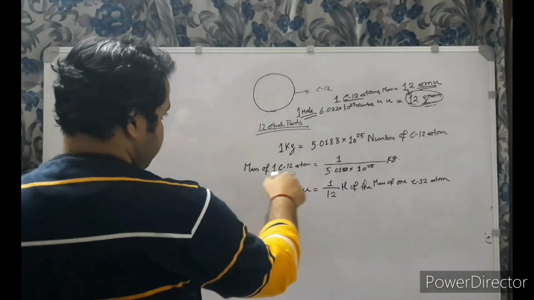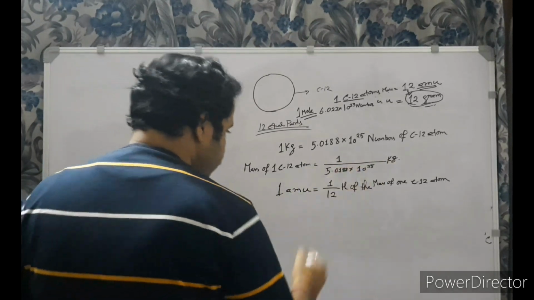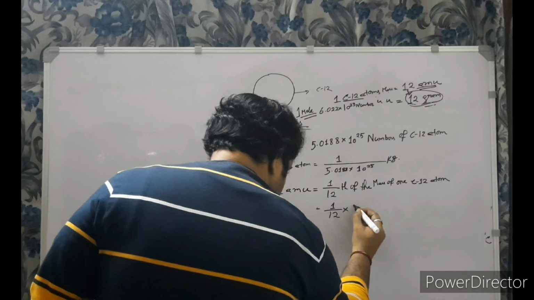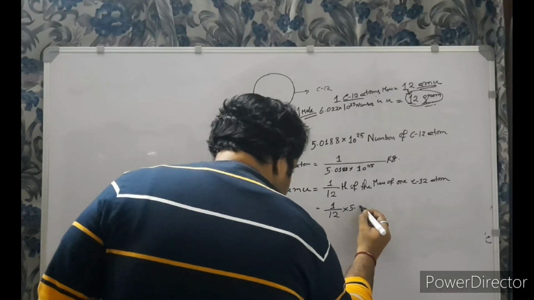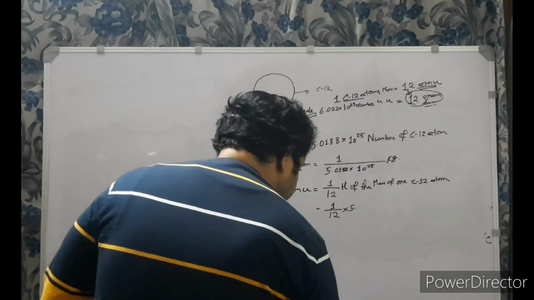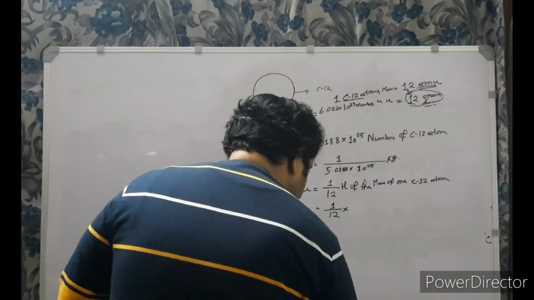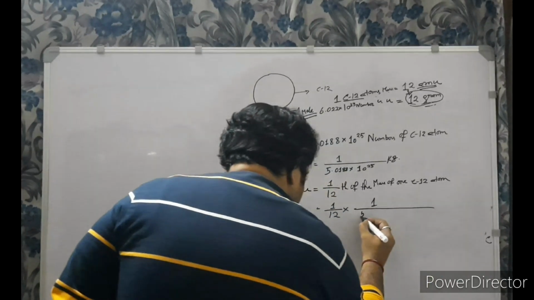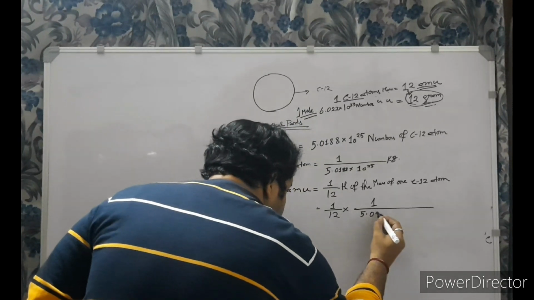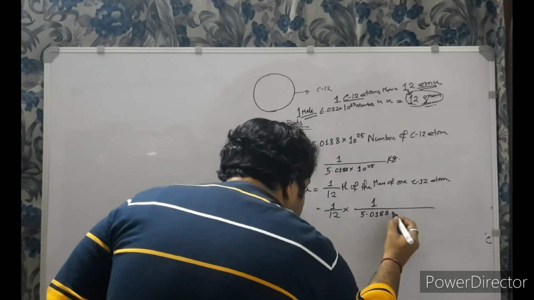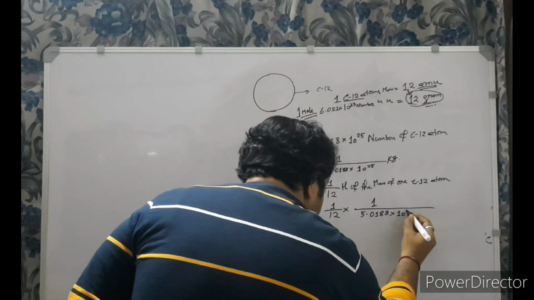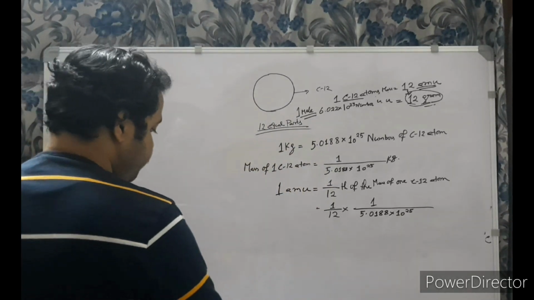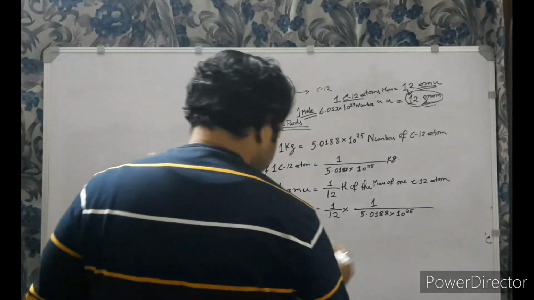So now we have the mass of one C12 atom, so put it there. 1 by 12 into 1 by 5.0188 into 10 to the power 25, right?